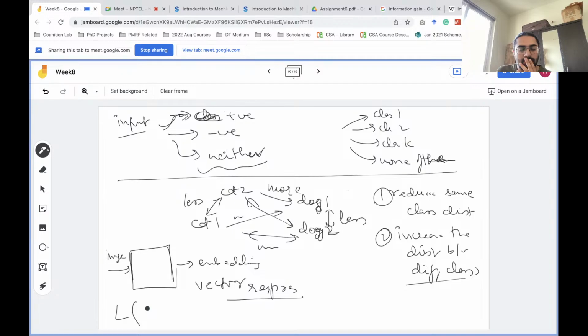You will use this vector representation to check its distance against all the cat images and all the dog vectors, right? And if this distance is more than some sort of a cutoff, some margin, then you say, okay, this vector is something new, which is different from cat and different from dog, based upon this margin that I've chosen, okay?